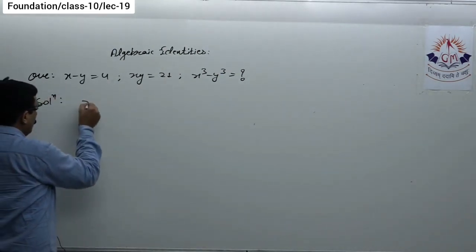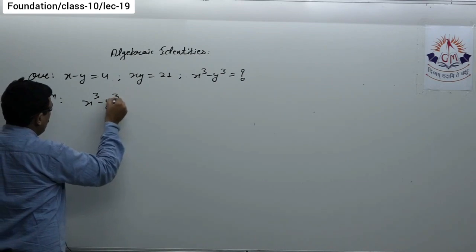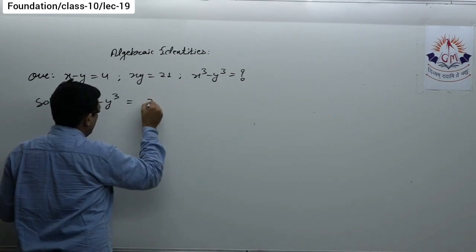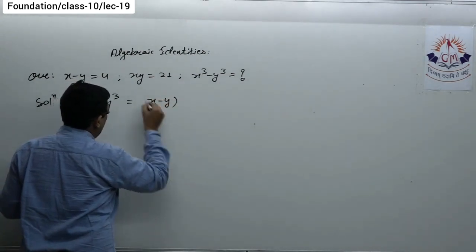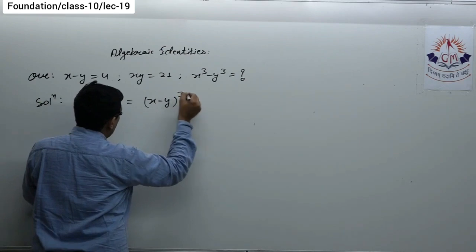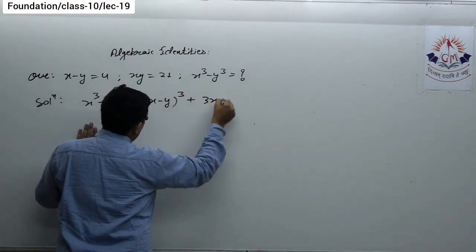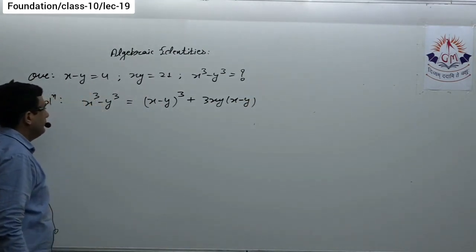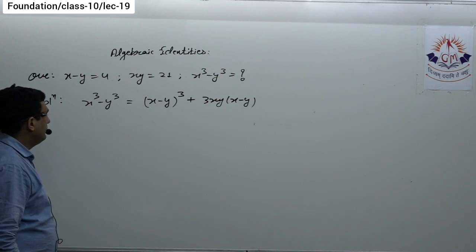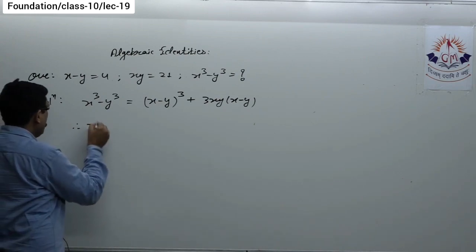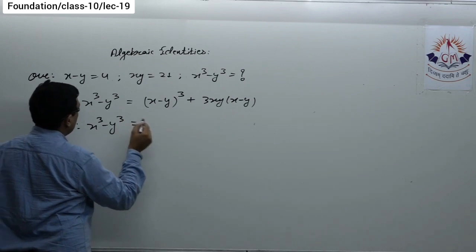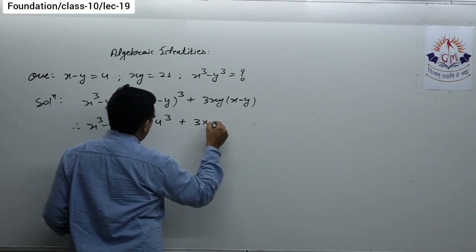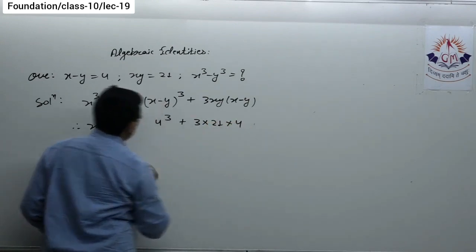But if I have to find the solution of this for a subjective part, then x minus y whole cube is x cube minus y cube minus 3xy into x minus y, so x cube minus y cube is x minus y whole cube plus 3xy into x minus y. Okay, so here x cube minus y cube is, x minus y is 4, 4 cube plus 3 multiplied by 21 multiplied by 4.